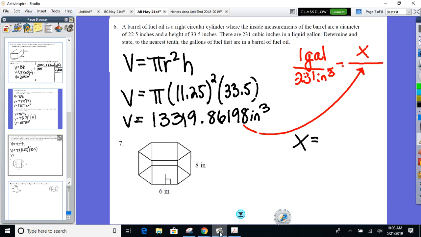To the nearest tenth, how many gallons do I have? Look at the conversion. Liquid gallon. It wasn't liquid gallons cubed, so just 57.7 gallons.